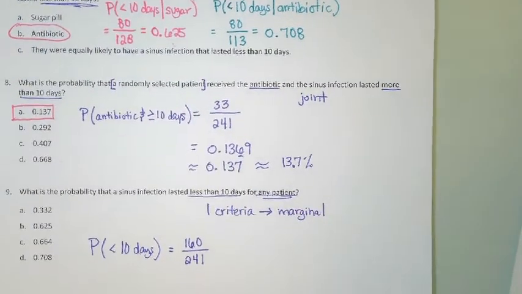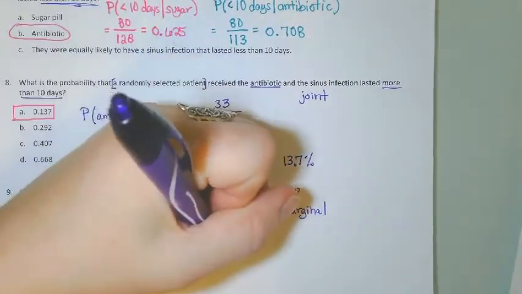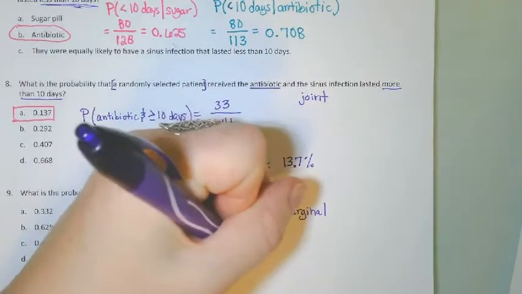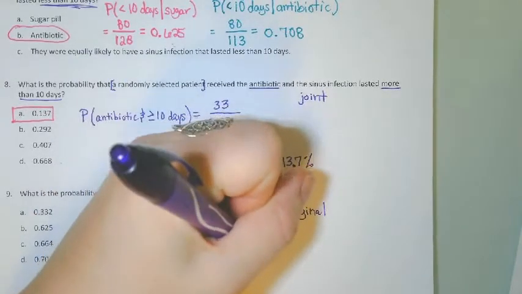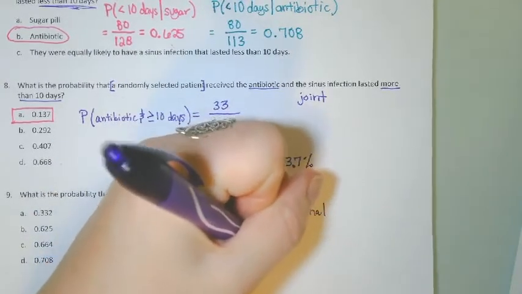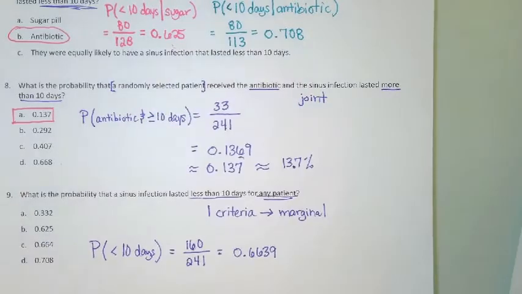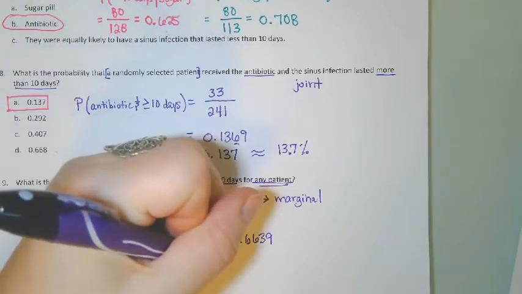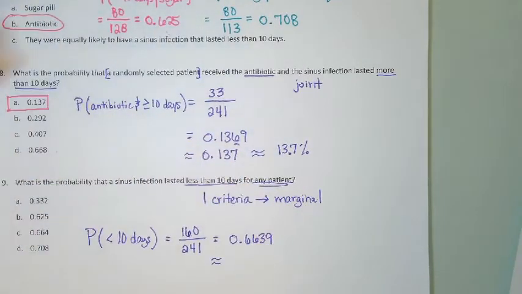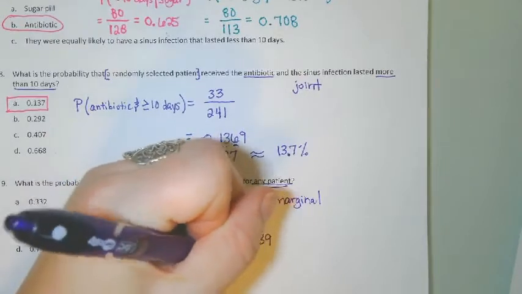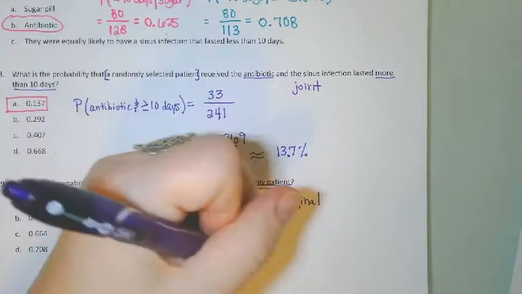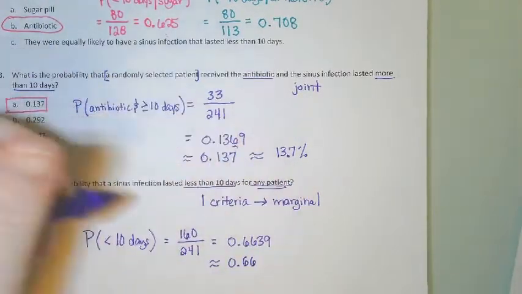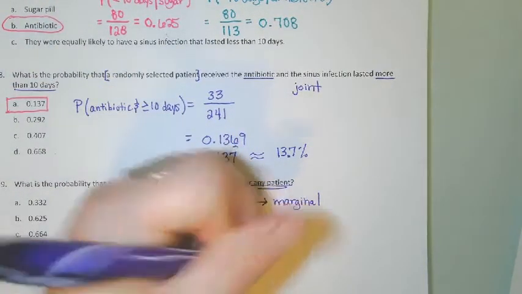Okay, so now I can divide that out on my calculator. 160 divided by 241 is going to be 0.6639. In this case, our answer choices have been rounded to 3 decimal places, or the thousandths place. So I'll go ahead and round my answer so it's the same length, 0.66, and then that 3 would round up to a 4.